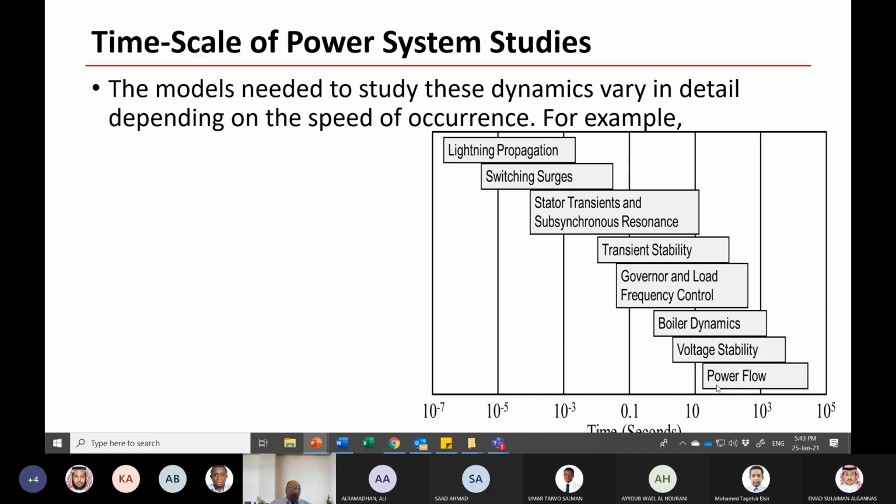And power flow, if you still remember, is characterized by algebraic equations or differential equations? The power flow problem, load flow or power flow. What do you think? Do we have a differential equation or an algebraic equation there?